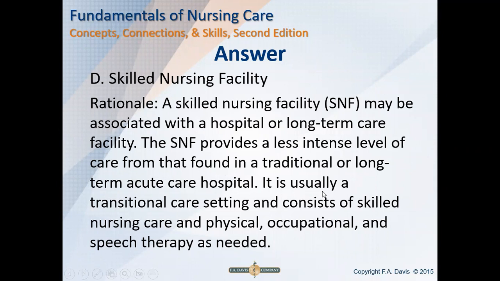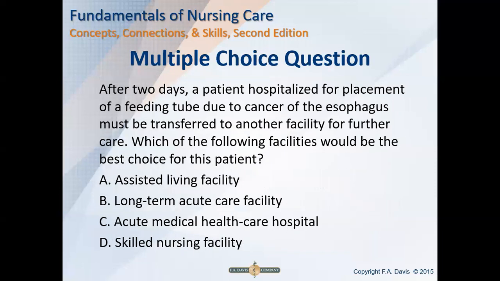It is usually a transitional care setting and consists of skilled nursing care and physical, occupational, and speech therapy as needed. This is the reason we chose D, skilled nursing facility.